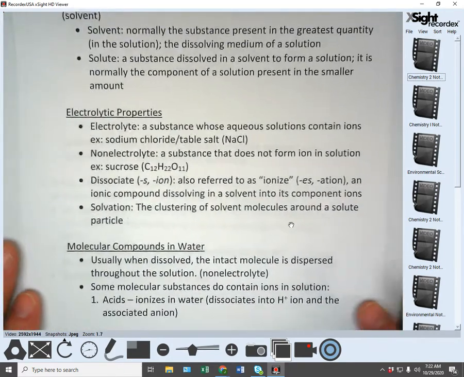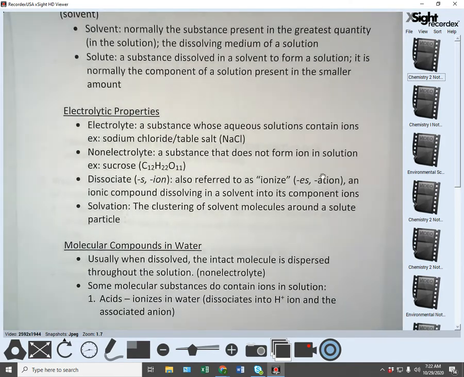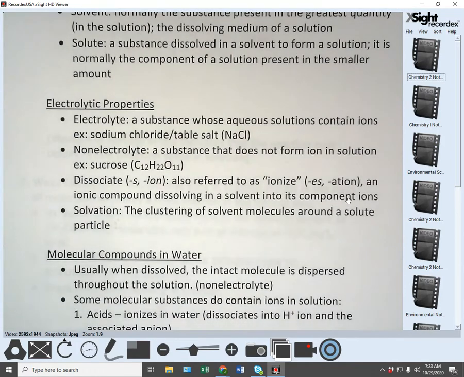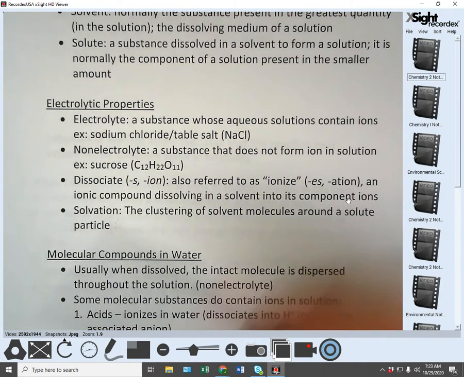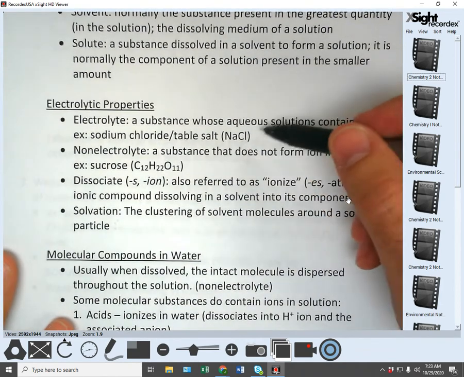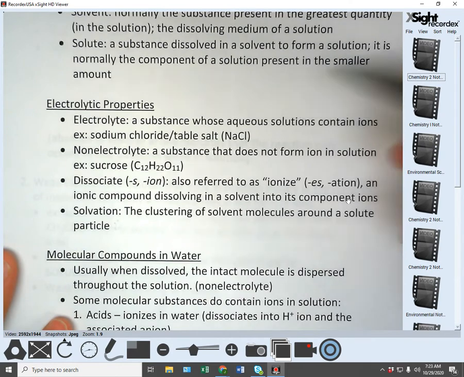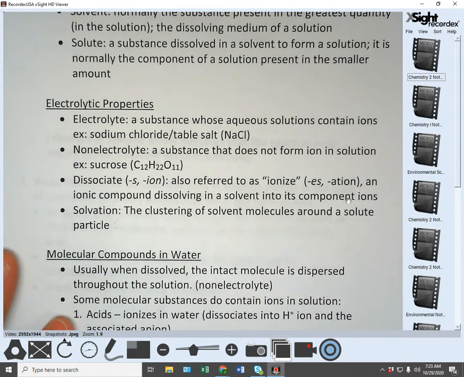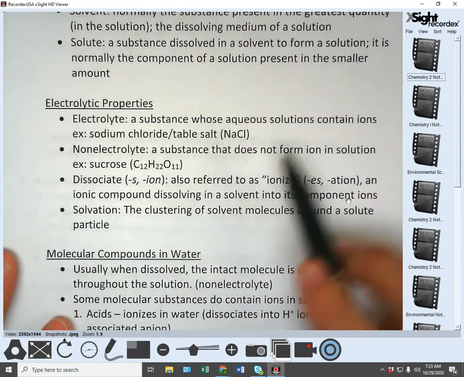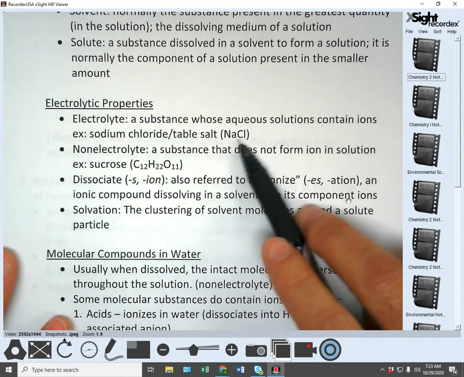An electrolyte is a substance whose aqueous solutions contain ions. For example, sodium chloride, table salt, NaCl. This is an ionic compound, right?